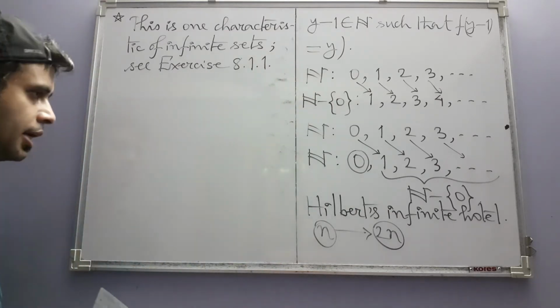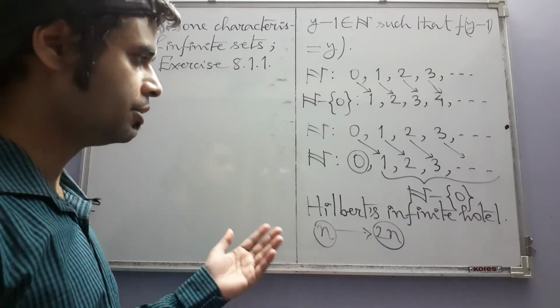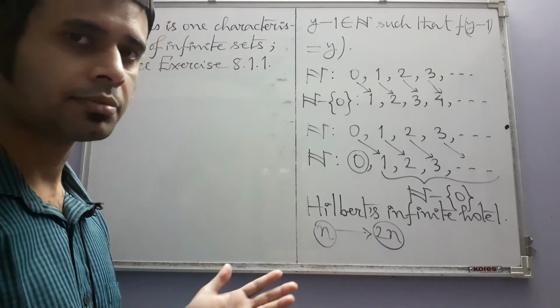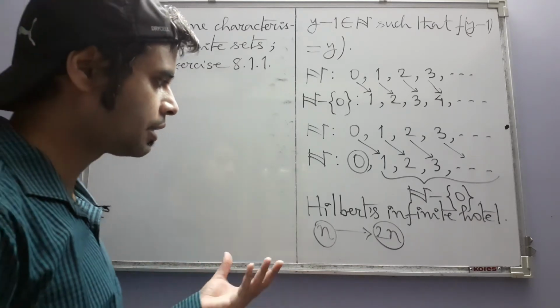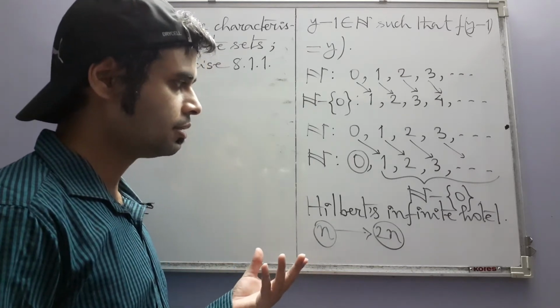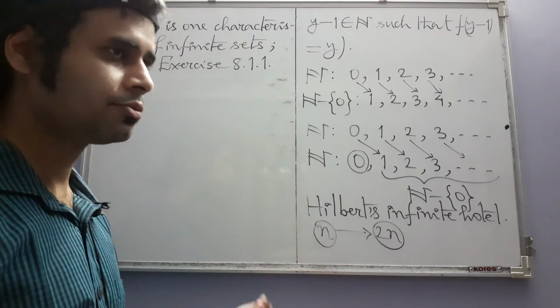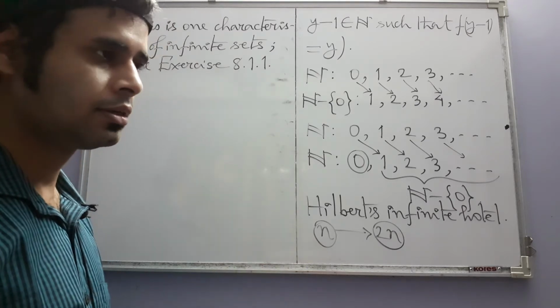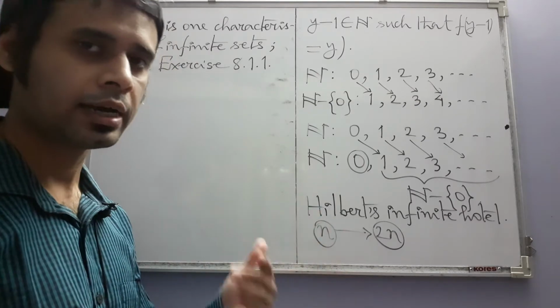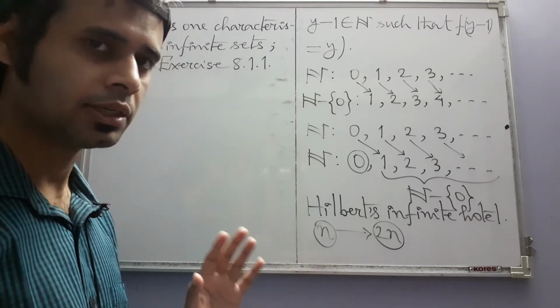Okay, now it's time for us to distinguish between different types of infinities, and the first thing we are going to distinguish is we are going to call the smallest type of infinity something, and the other types of infinities, something else.